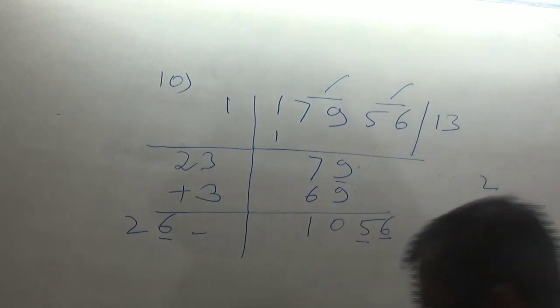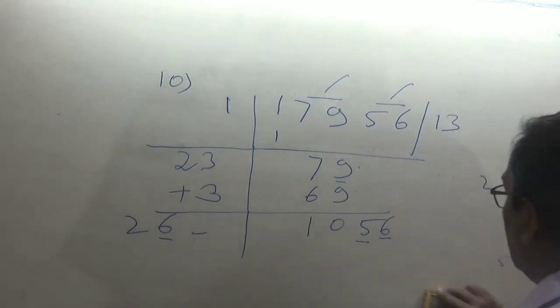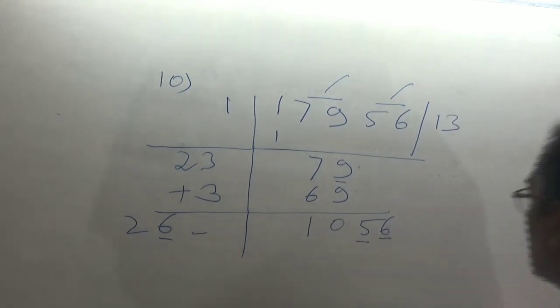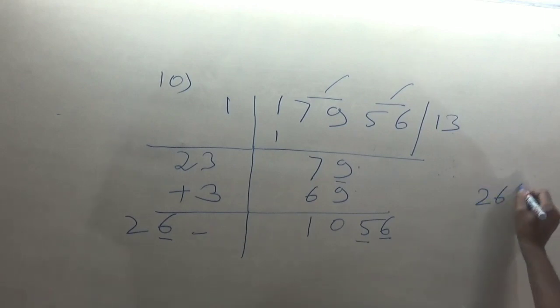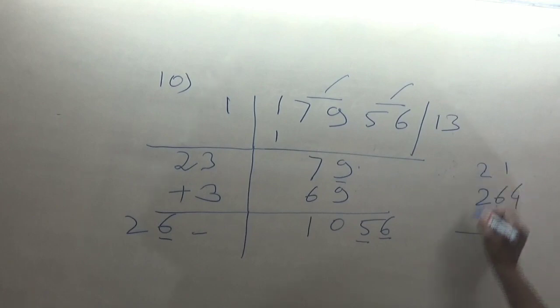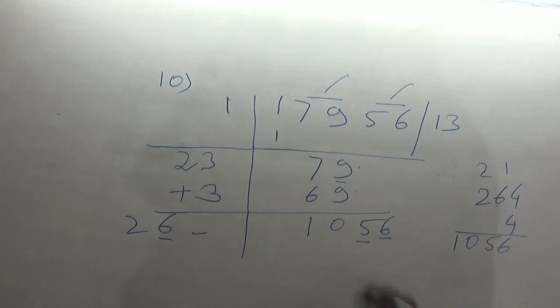Am I right? Now take the test with 4 then. That is 264 by 4. 4 4s are 16, carries 1. 6 4s are 24, plus 1 is 25, carries 2. 4 2s are 8, plus 2 is 10. 1056. So it is matching.